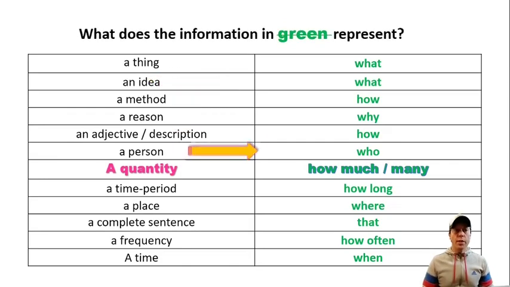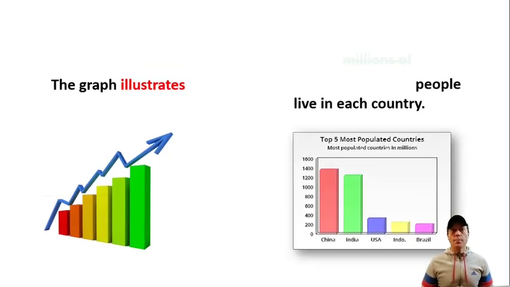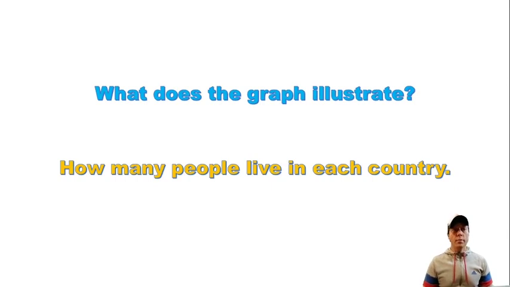If you're substituting a quantity, we can use how much for uncountable and how many for countable. In this case, people are countable because 1, 2, 3 people, millions of people, that's a quantity, countable quantity. Therefore, the graph illustrates how many people live in each country. And the question, what does the graph illustrate? How many people live in each country?